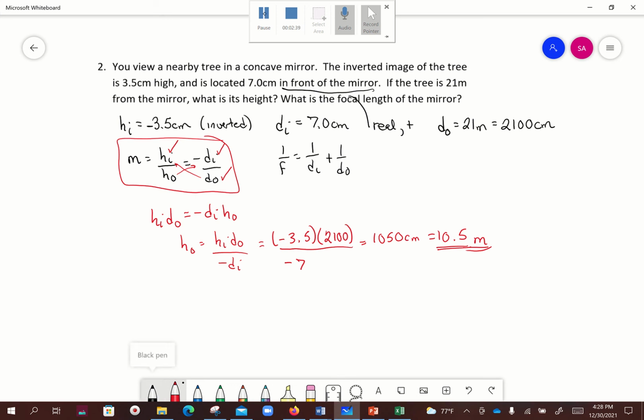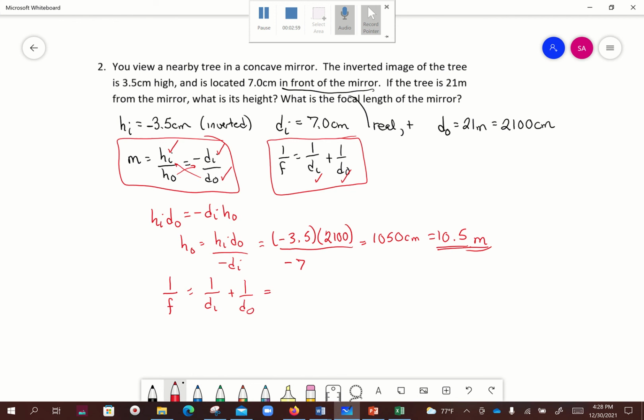Okay, so now I want to find the focal length. Focal length is F. So now I'm going to use that second equation. I know DI, I know DO, so I just have to plug it into that equation to solve. So 1 over the focal length is 1 over DI plus 1 over DO.